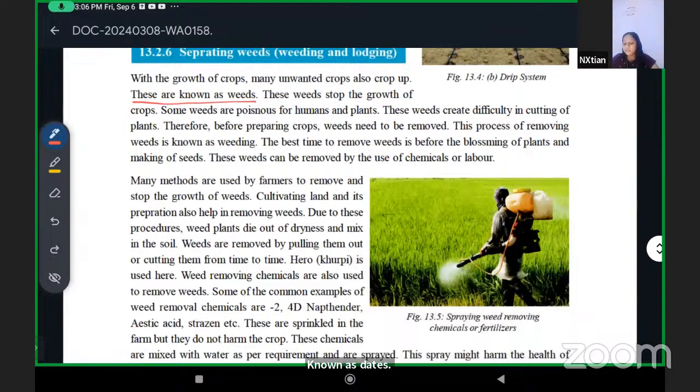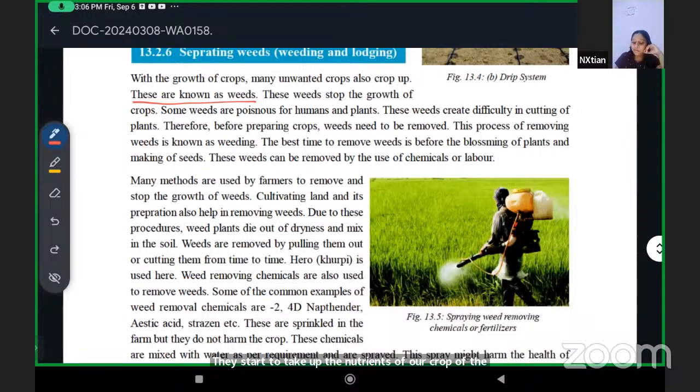These weeds stop the growth of the crops. Why? Because they try to absorb the nutrients meant for the growth of the crop. We are putting in compost, fertilizers and nutrients, but when the weeds start to grow, they take up the nutrients of our main plant.